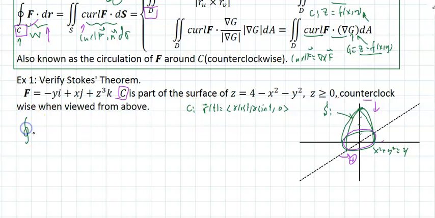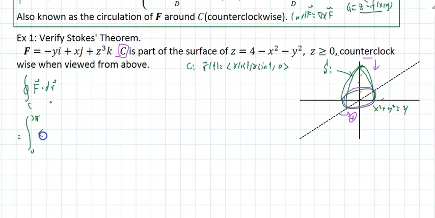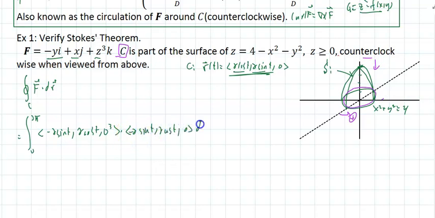So the closed integral of F dot dr across C is going to equal the integral from 0 to 2 pi, actually let's move downwards, of what? Negative y, that's negative twice the sine of t, twice the cosine of t, and 0 cubed, which is 0, dotted with dr. What's the derivative of that? Negative twice the sine of t, twice the cosine of t, and a 0, dt.